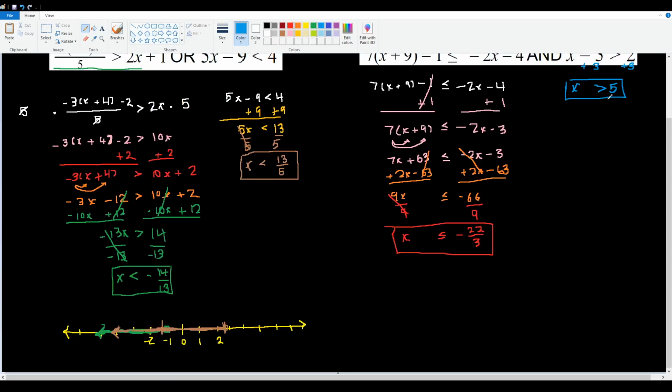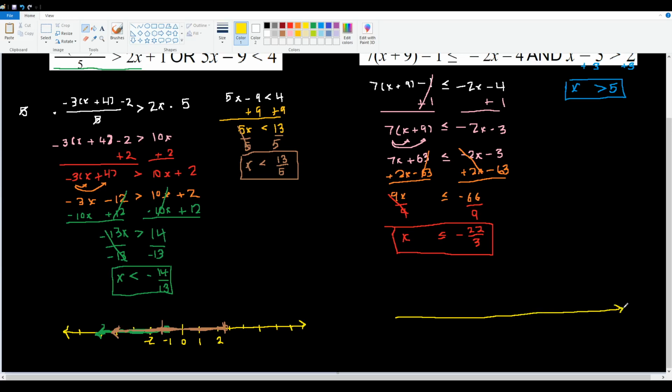So we have 5 and we have negative 22 thirds, which is around negative 7. So this is going to be a pretty wide number line. We'll make it in yellow again.